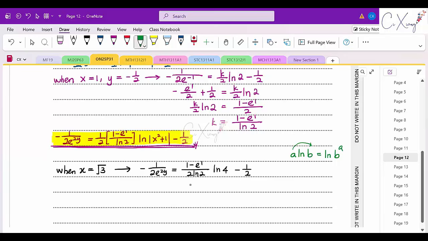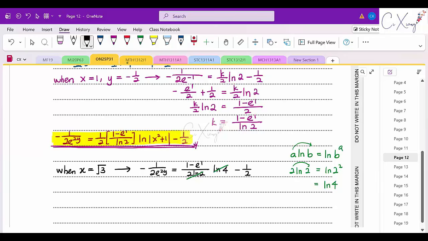Let's have a look at this denominator here, 2 ln 2. What does it mean? It means you can make it become ln 2 squared. And what's the value of 2 squared? You're having ln 4. You were aware that 2 ln 2 and ln 4 basically have the same value. That's why you can simplify it first. Alright, I think this one no problem, right?